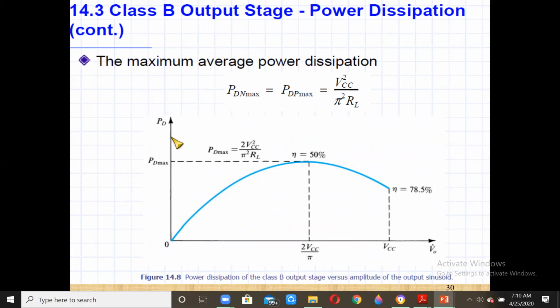And the overall graph of V naught versus the power dissipation is like this, and the peak occurs at 2 VCC squared by pi squared RL. At this time the efficiency becomes 50%.